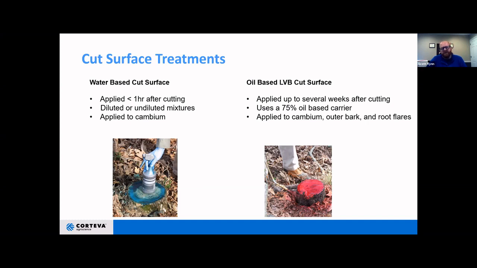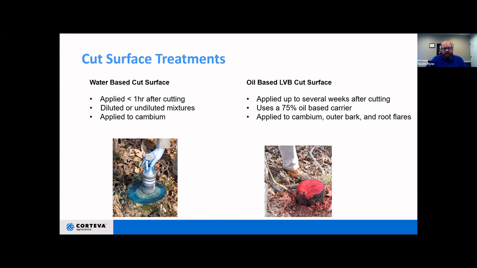A water-based treatment usually uses something like Pathway, a water-based Tordon application, or it could also be something like Method, applied to that stump that we've cut immediately if possible. It's usually undiluted, or it can be diluted, but it's usually a very high concentration. We cut that stump, we clean it off, and we immediately treat that cambium layer on top of there.